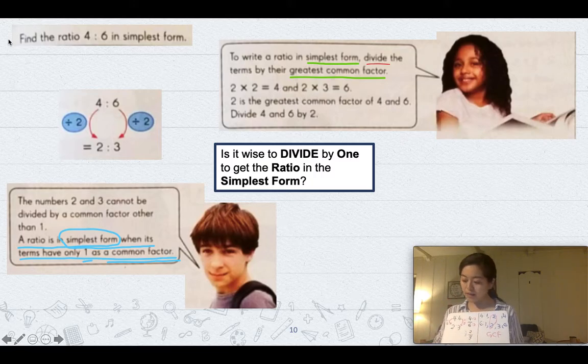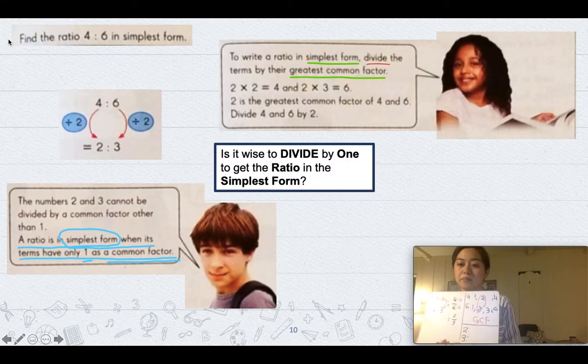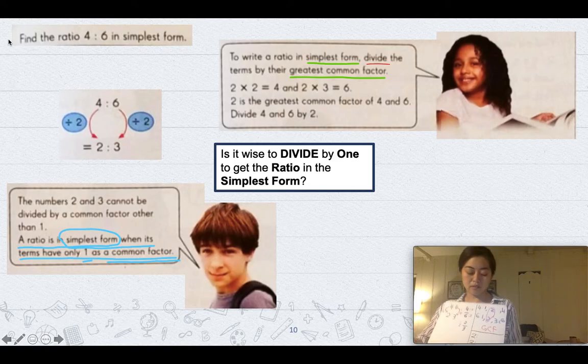Because if we look at 2 to 3, okay? So I'm going to write 2 and 3. What are the factors of 2? Well, 1 times 2 and 2 times 1, and that's it.